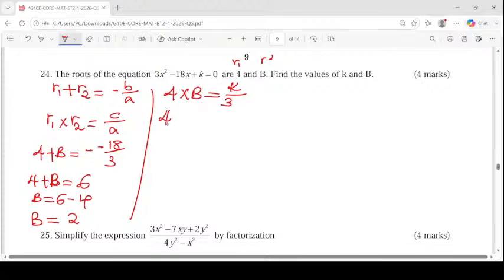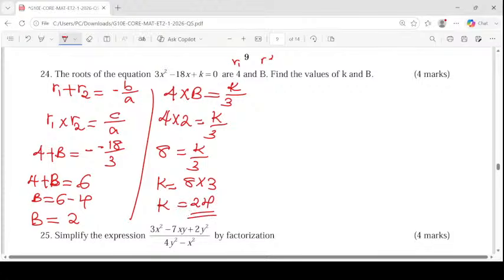So 4 times 2 is equal to k over 3. So 8 is equal to k over 3, meaning k will be given by 8 times 3. Therefore, the value of k in this context is 24. A very simple question, dear learners.